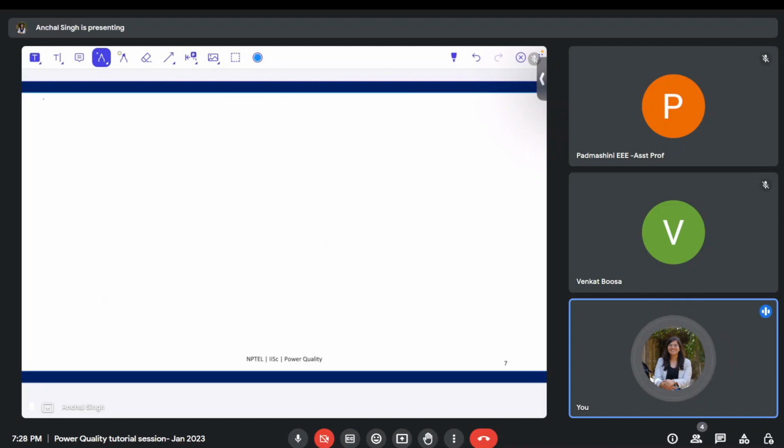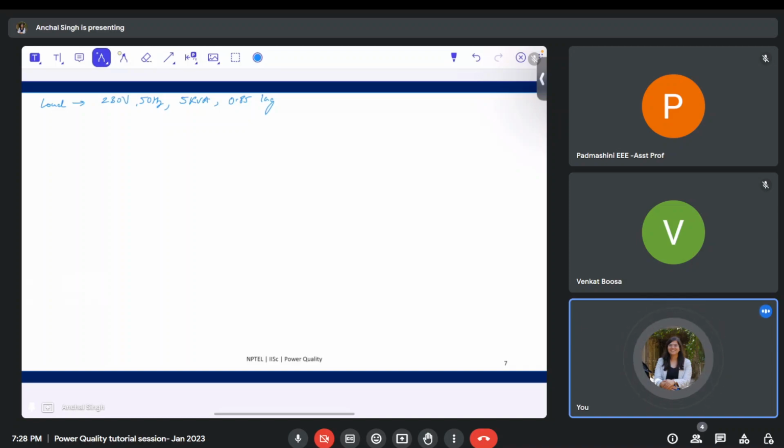So again, in this case also the load is a 230 volt 50 hertz load, and 5 kVA is the rating with 0.85 lag power factor. We are given the kVA rating of the load and the voltage of the load.